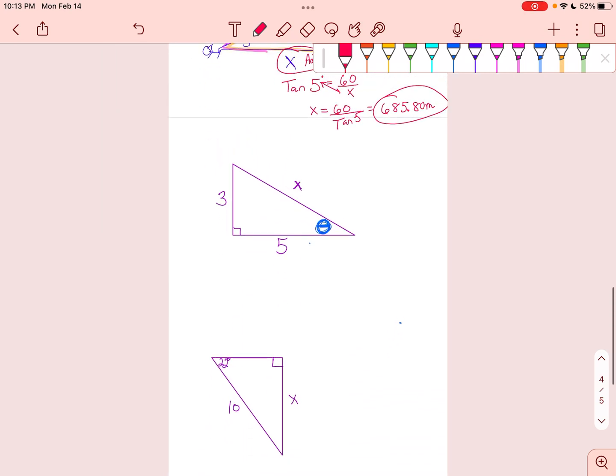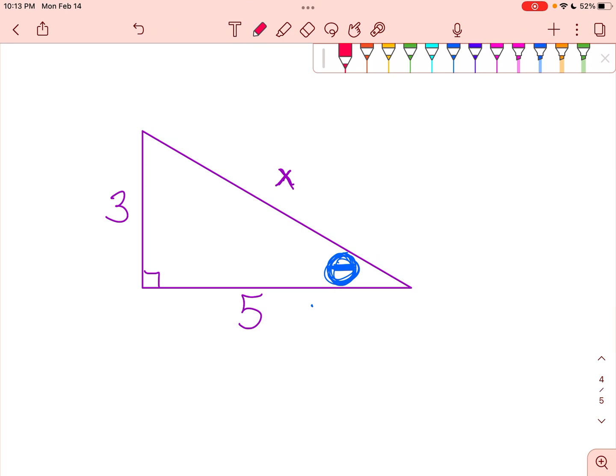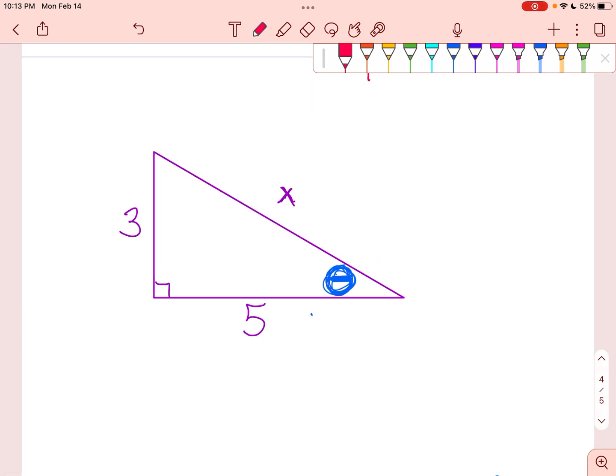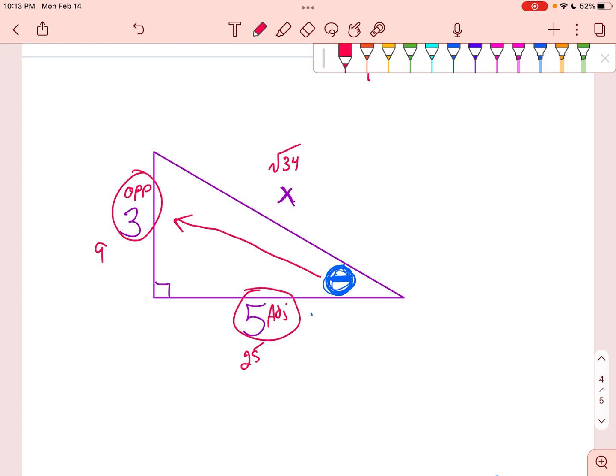Once again, just some extra practice here. So with this one, this is not a 3-4-5. If it's not a 3-4-5, you have to use Pythagorean's theorem. So this is 25, this is 9. I add those together, so x is the square root of 34. Next we're going to be finding theta, and so I need to know that I'm working with the opposite side and the adjacent side, and therefore theta is going to equal inverse tangent of 3/5.